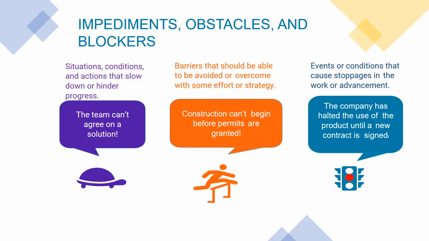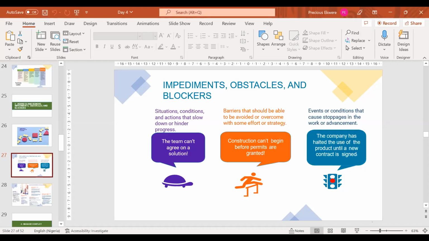Now, what's an example of this? Construction can't begin before permits are granted. That makes sense. You cannot start construction work until the permits have been what? Granted to you.